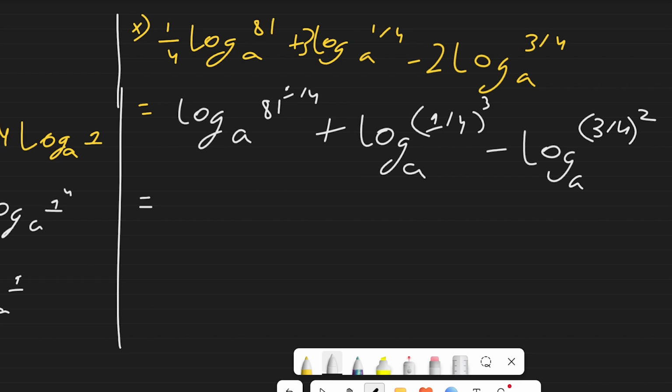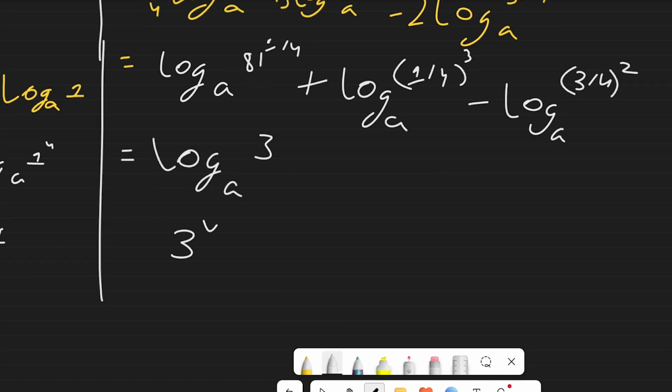Now we will have 81 power 1 over 4, which is equal to 3, so log of 3 to the base a, because 3 power 4 is equal to 27 times 3, that is 81. So that is why this answer is 3.